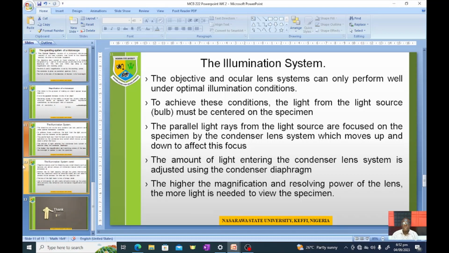At this juncture, I think we also understand in today's lecture that there are 2 types of light microscope.